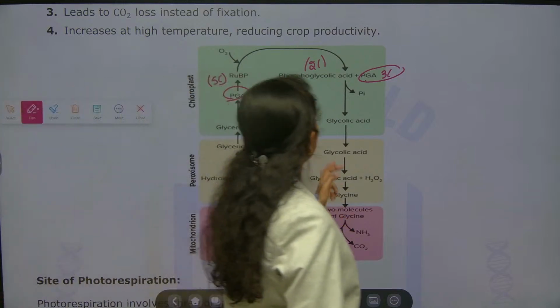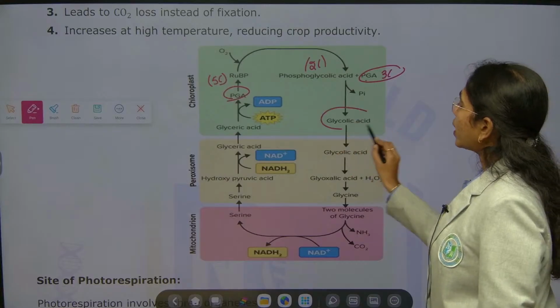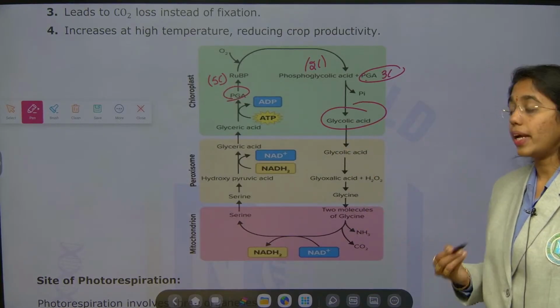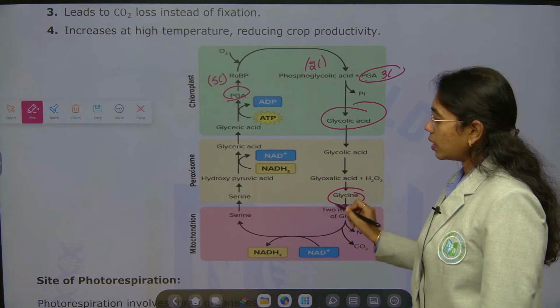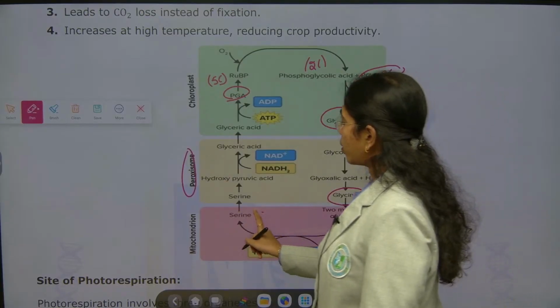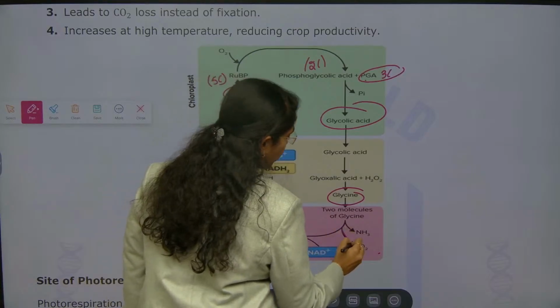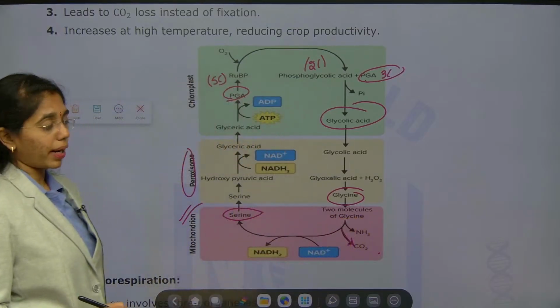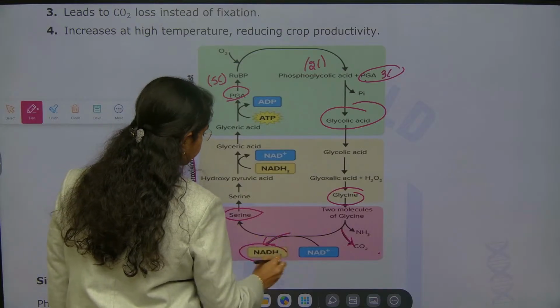So here phosphoglycolate is first converted to what? Glycolic acid or glycolate. This glycolate is again converted to glycine in the peroxisome. Glycine is converted to serine in mitochondria. Here itself carbon dioxide is released in the mitochondria and NADH is also released.